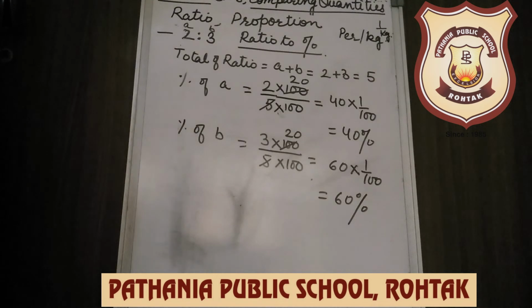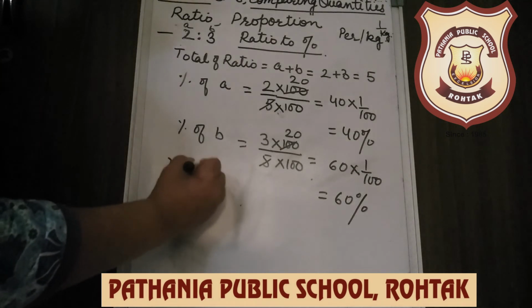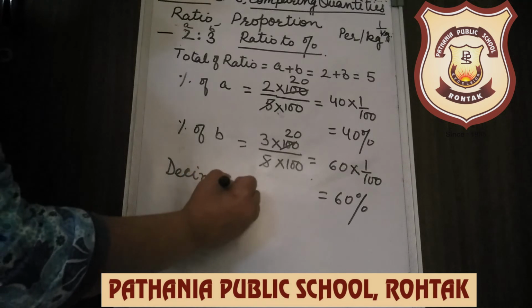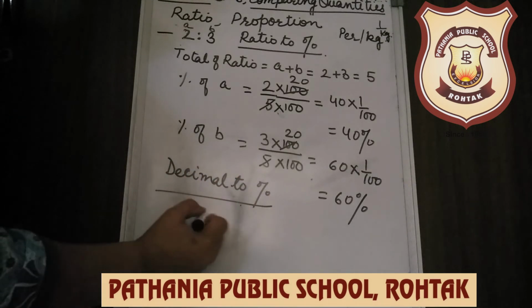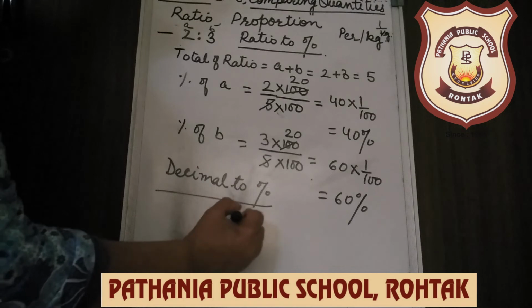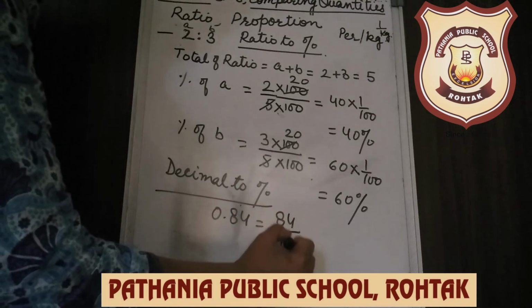Now decimals, I have told you how to convert decimals to percent. One more example I can take. Decimal to percent. Suppose you have 0.84. First write this in fraction form.